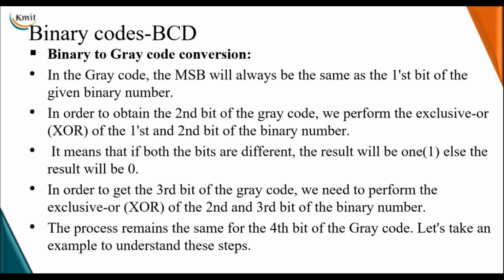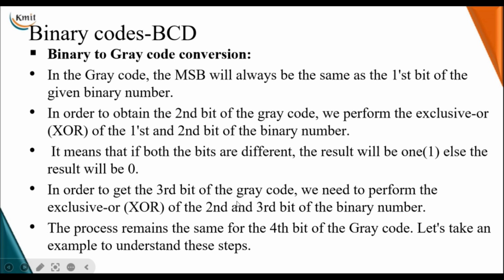If the first bit is 1 and the second bit is 0, the gray code bit will become 1. If the first bit is 0 and the second bit is 1, the gray code bit must be 1. If both bits are zeros or both bits are 1, the result bit is 0.